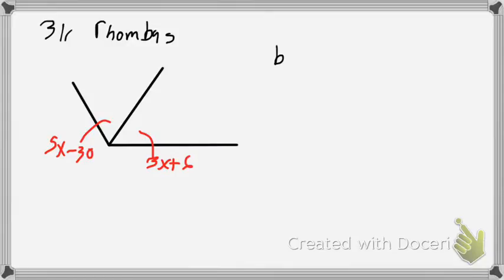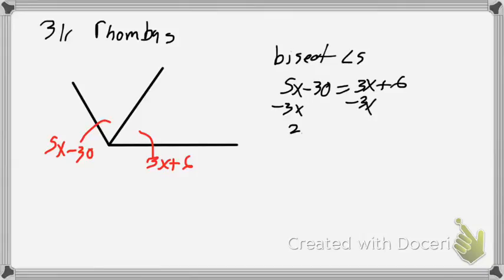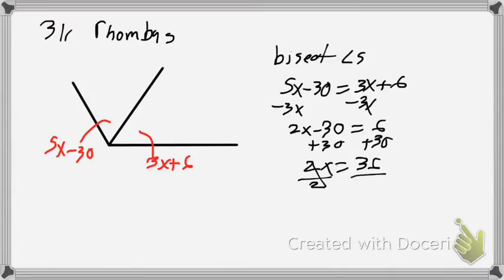So for this to be true, 5x minus 30 equals 3x plus 6. We solve for x, and we get 2x equals 36, or x equals 18. Okay, so if x equals 18, then it's a rhombus. X equals anything else, it's not.